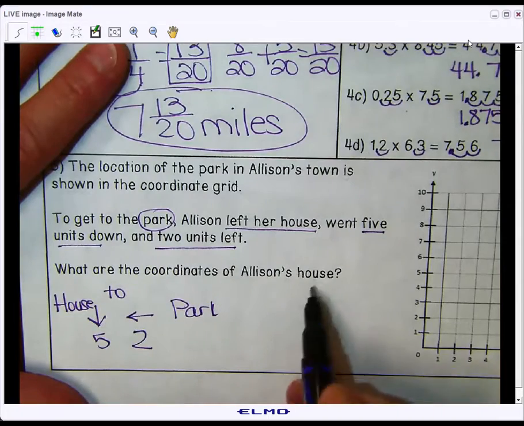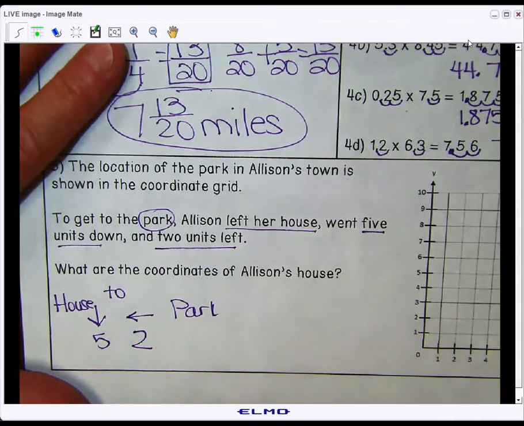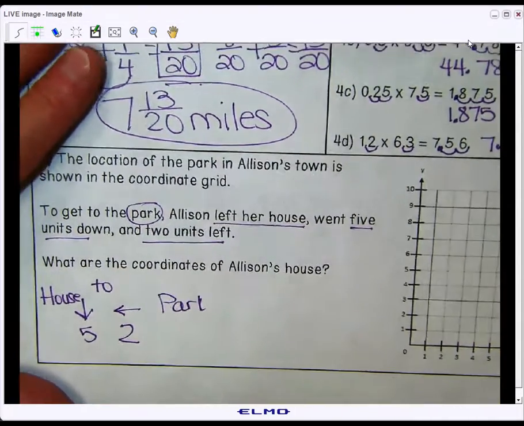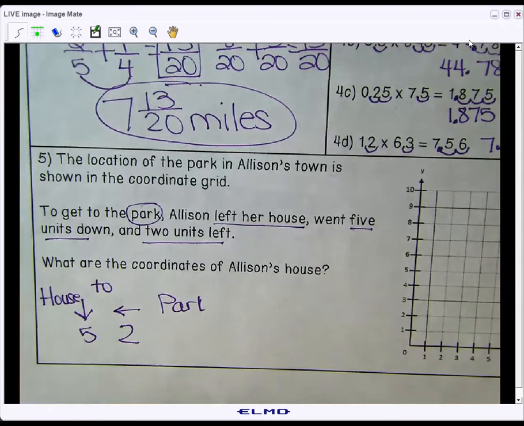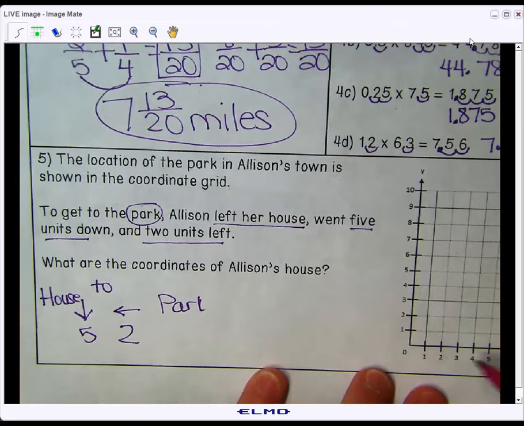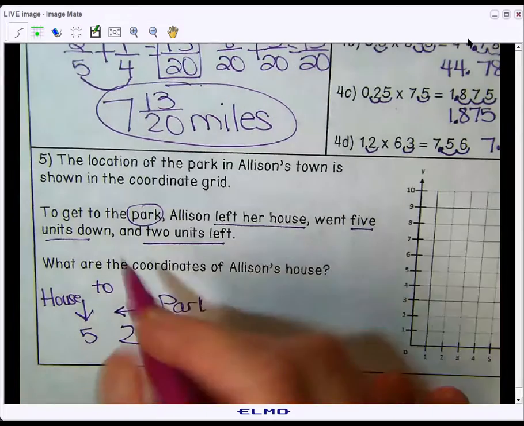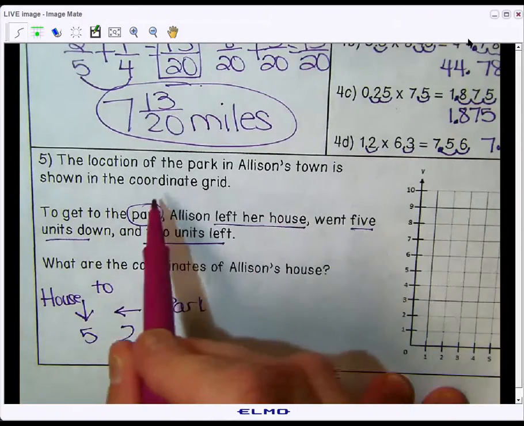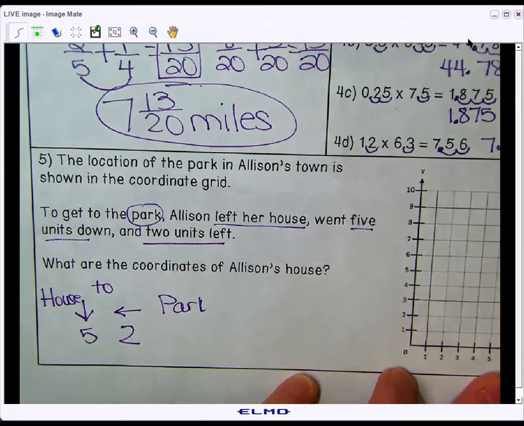So what are the coordinates of Allison's house? So if we're going from the house to the park, 8, 1 represents the park because it says that the location of the park is shown on the grid. So this is our park location.